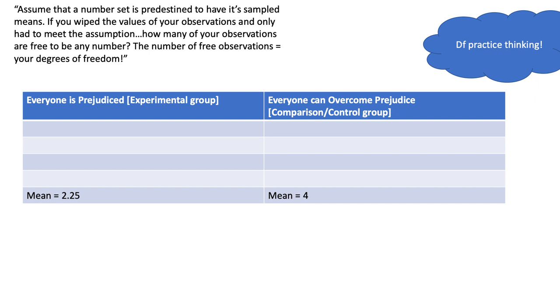So in this example, we're saying get rid of those values. I'm just going to choose some random numbers to be the data that we've just erased. Imagine we don't know that data. How many observations in this data set are free to be anything and still have our two means equal 2.25 and 4?